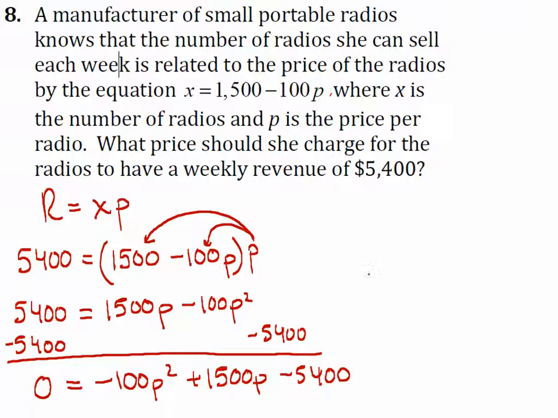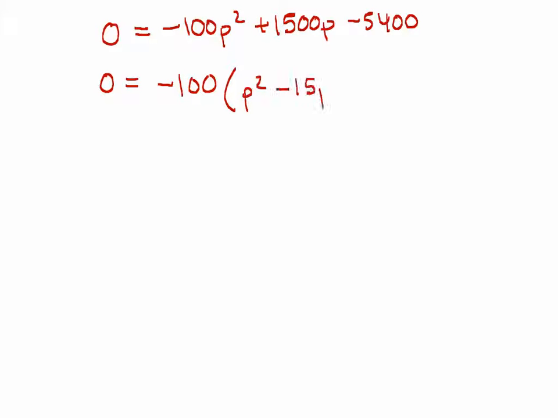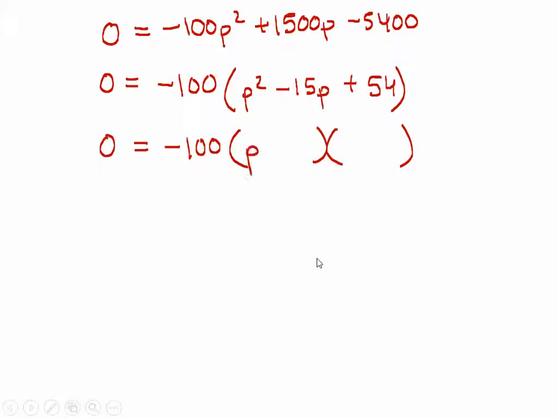Alright, running out of space here, so let me rewrite it real quick. Hopefully you factored out the negative 100, and if you did that, then life became a whole bunch easier. Or if you divided through by negative 100, that would have been fine as well. Then you're left with p squared minus 15p plus 54. At this point the factored form is (p minus 6)(p minus 9).